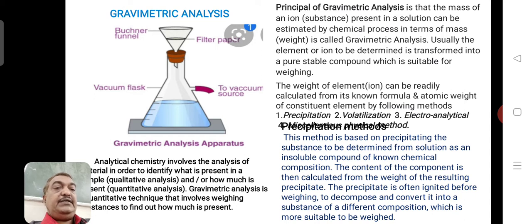Then it is filtered and subjected to ignition to get a proper mass which is more stable at room temperature, and it should contain the chemical composition of the ion in the form of oxide, chloride, sulfide, whatever it may be. That is the formation in a precipitation method.